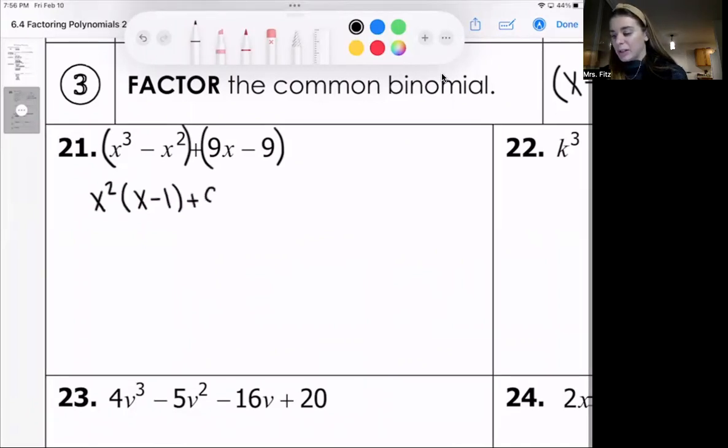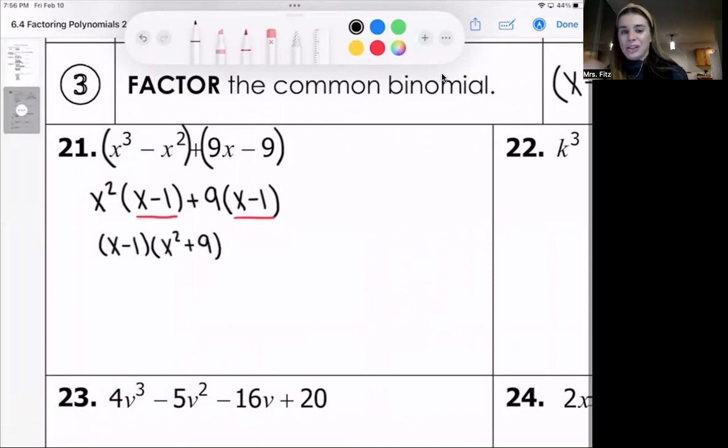So plus, we're going to pull out a 9, and then we're left with an x minus 1. Well, now they have a common factor of x minus 1. So from there, I'm going to go ahead and factor out the x minus 1, and then it's x squared plus 9. And that's as far as we can go. That's not a difference of squares, that's a sum of squares. We don't have a rule for that one, so we're going to stop there.